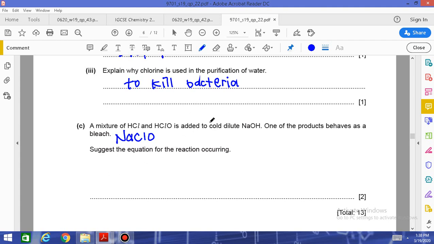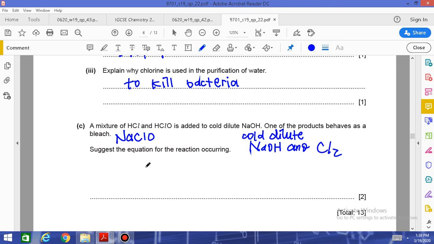This reaction is similar to the reaction between cold dilute sodium hydroxide and chlorine.